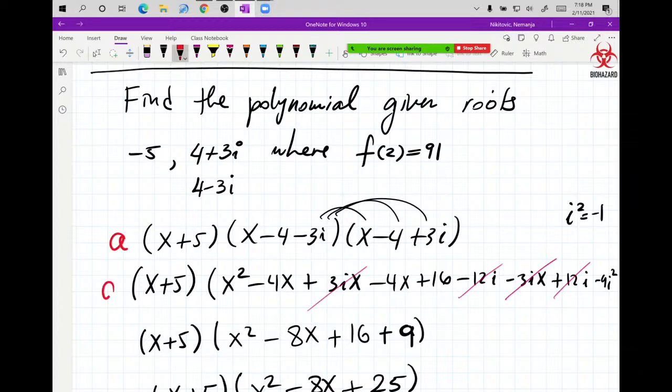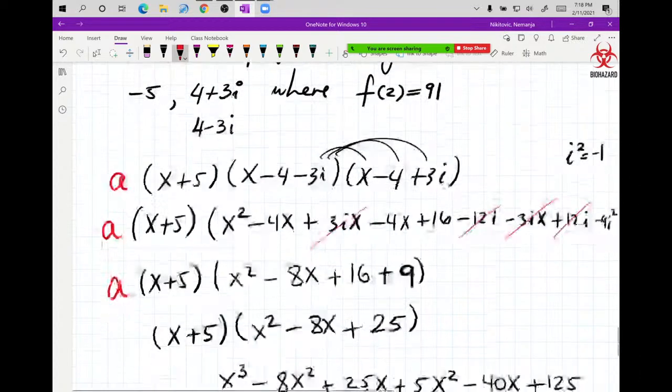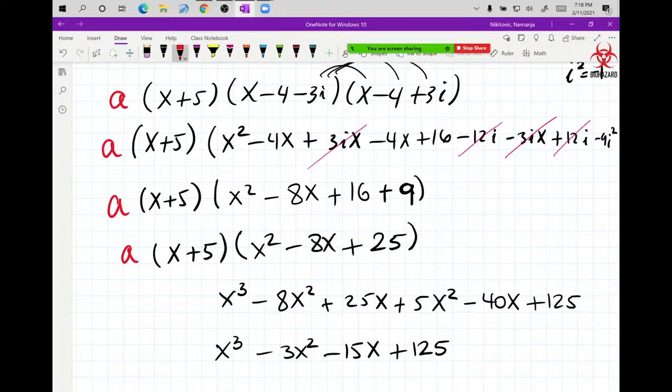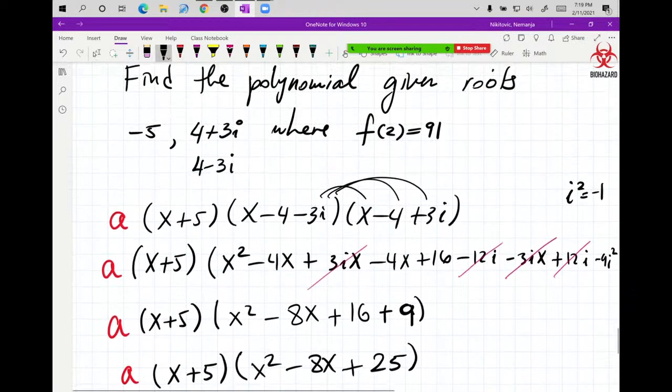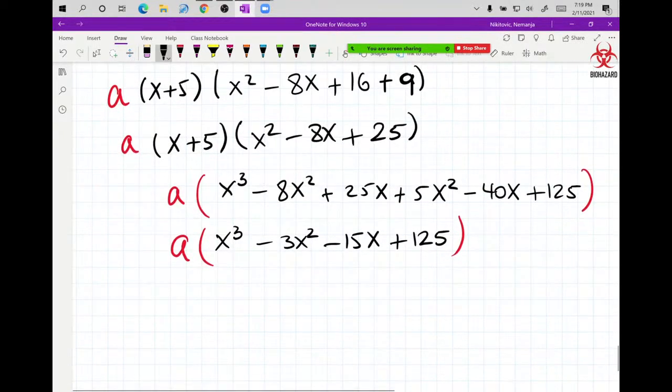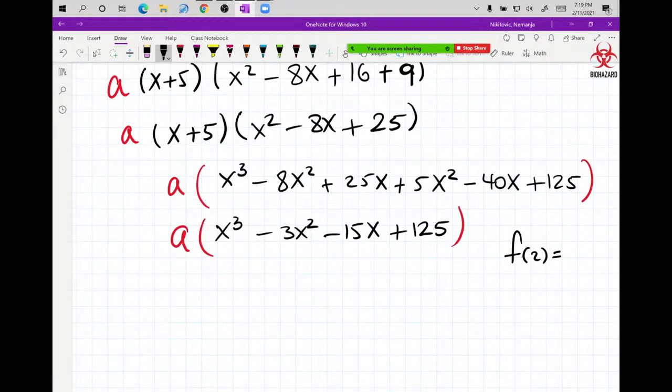Or stretched. So I'm just going to stretch this to fit. So I need to figure out this A. And that's why I have f of 2 is 91. It's going to help me do that.